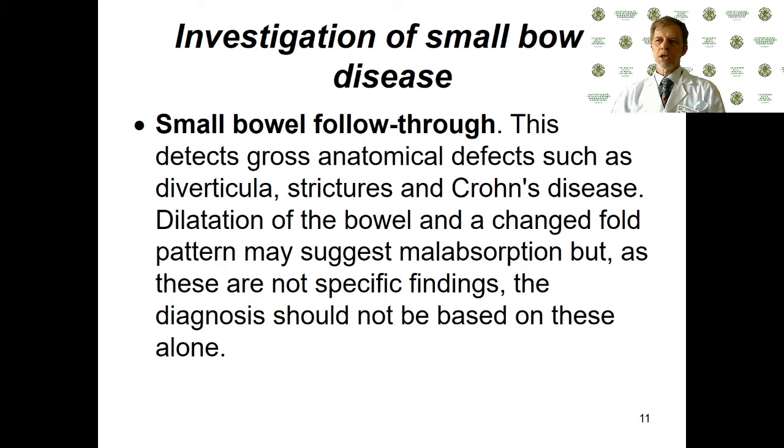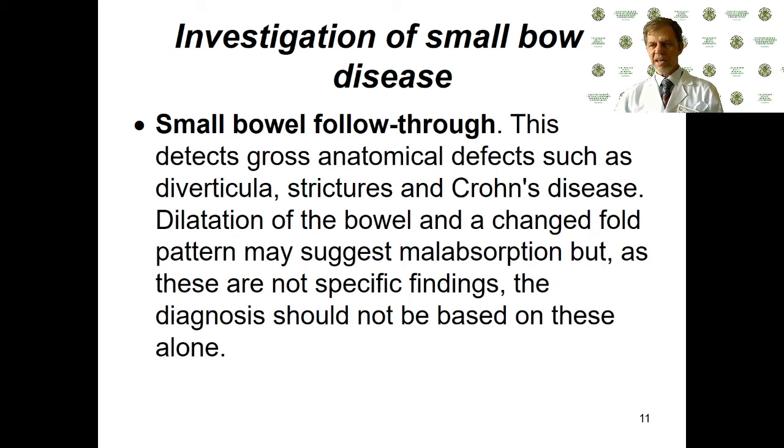So, investigation of small bowel disease. You know, small bowel is difficult to reach for examination. For example, for stomach examination, we have fibrogastroduodenoscopy. To examine large bowel, we have colonoscopy. But how to reach small intestine? First of all, small bowel follow through.